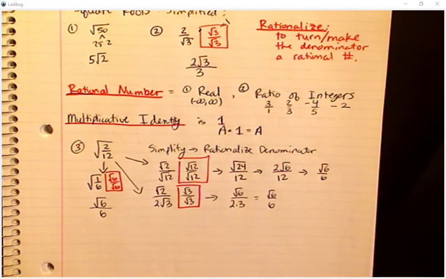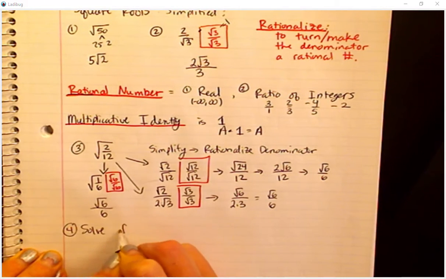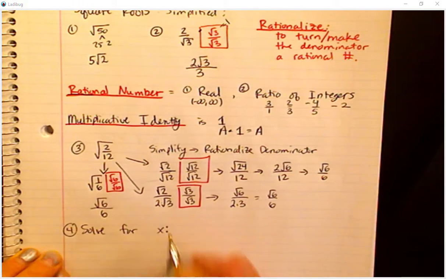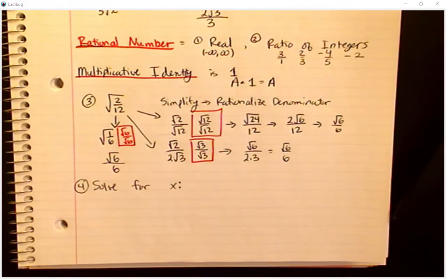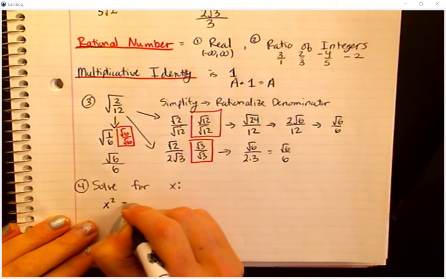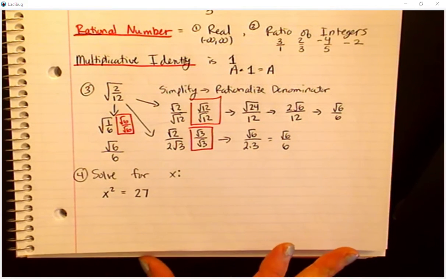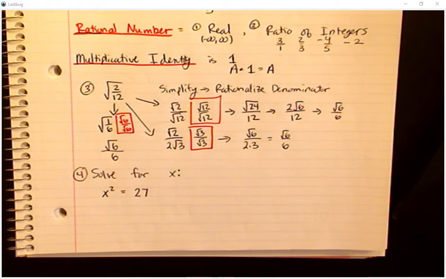Okay, so review first. Okay, solve for x. Why do we have square roots? X squared equals 27. Always give me completely simplified answers.